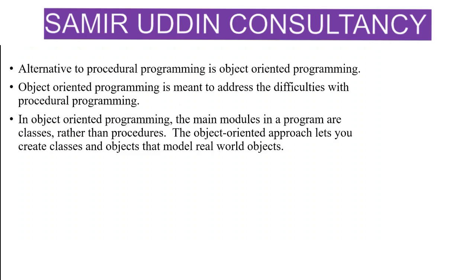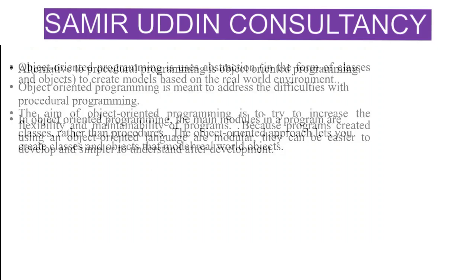Object-oriented programming is meant to address the difficulties with procedural programming. The main modules in an object-oriented program are classes rather than procedures. The object-oriented approach lets you create classes and objects that model real-world objects. So let us understand these two things.